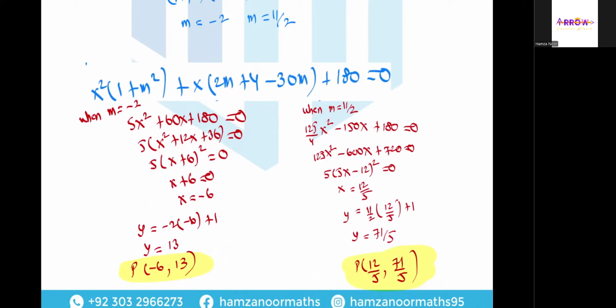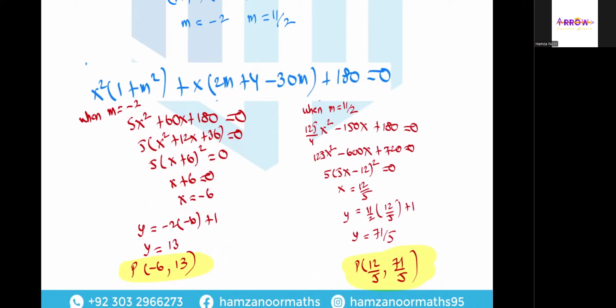Wonderful. We have identified that this is a repeated linear factor expression, which is x plus 6 whole square. Meaning we have the complete factorized form: 5 times x plus 6 whole square. So x plus 6 will be equated with 0, so this will give you x is equal to minus 6.